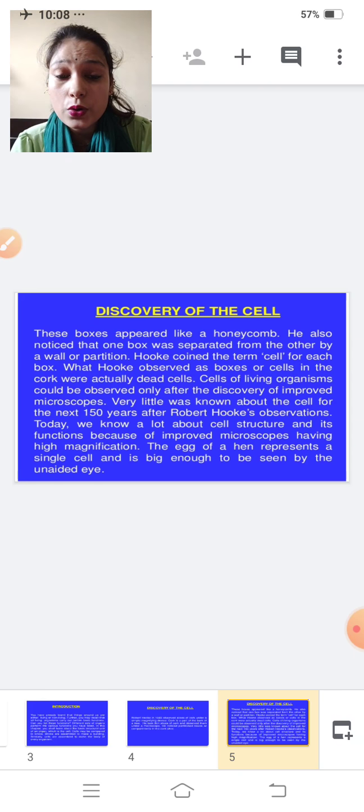After Robert Hooke's observation, today we know a lot about cell structure and function because of the improved microscope having high magnification. The egg of a hen represents a single cell and is big enough to be seen by our naked eye. Understood this?